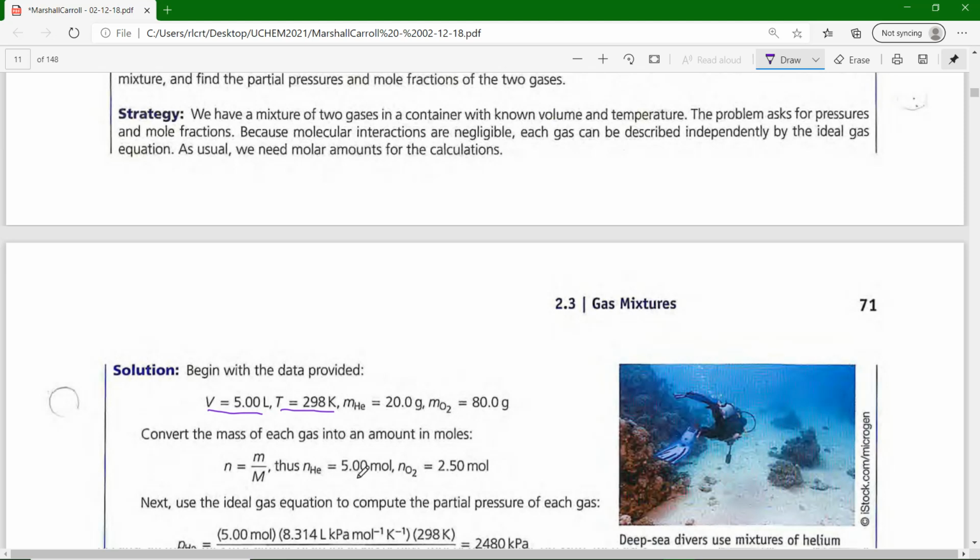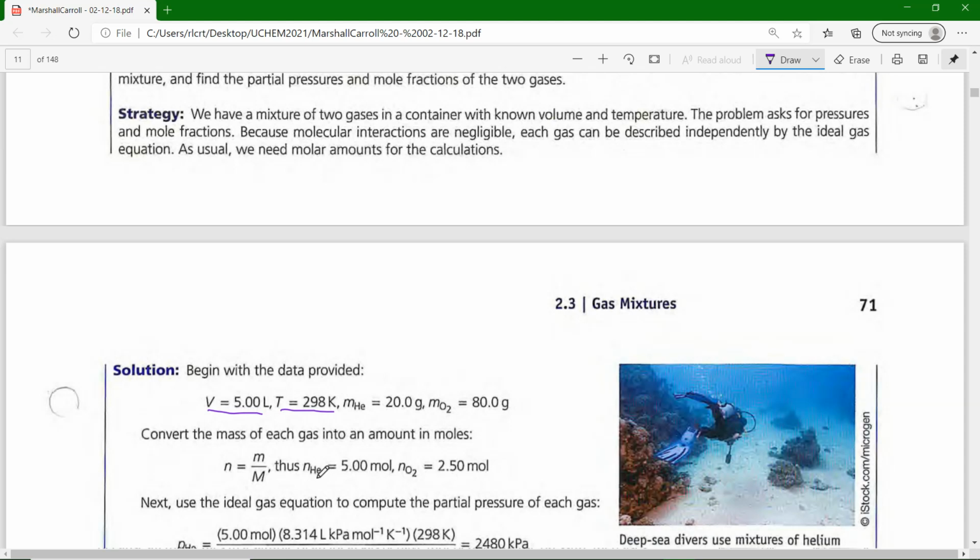So the moles of helium would be 20 grams divided by the molar mass. Let's think for a second. Moles is the mass over the molar mass.